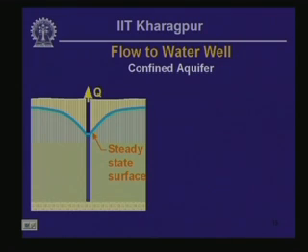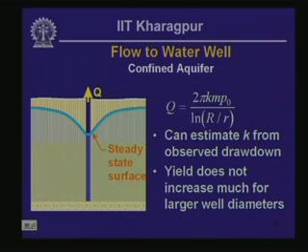And if you actually stop the pumping, then eventually the water table is going to start rising and get back to the equilibrium value after the recharge has taken place over a sufficiently long duration. Okay.